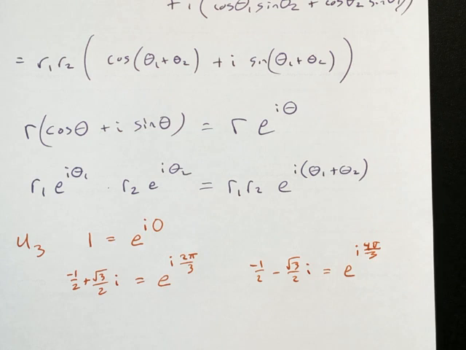All three of these points have length 1, right? They're all on a circle. And not only are they on a circle, they make an equilateral triangle on that circle.